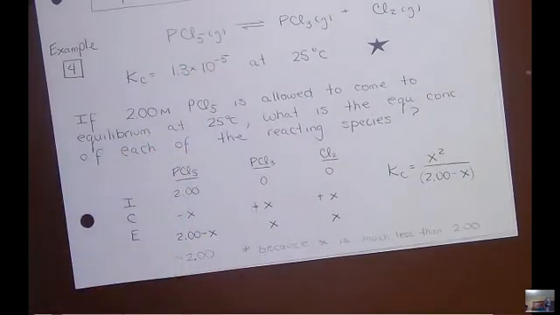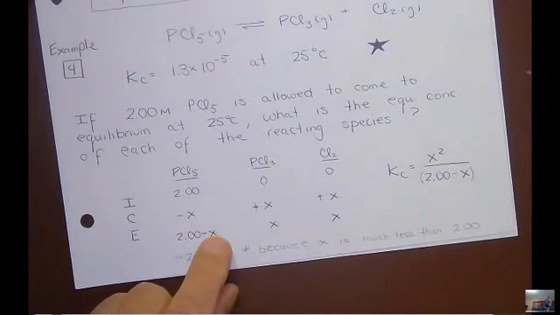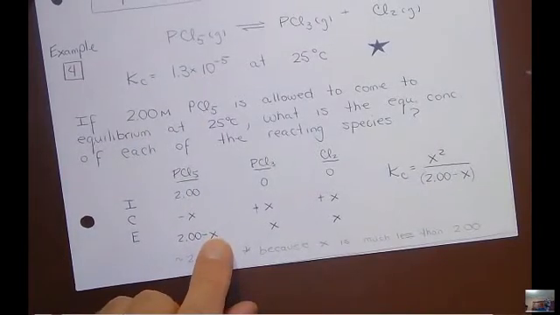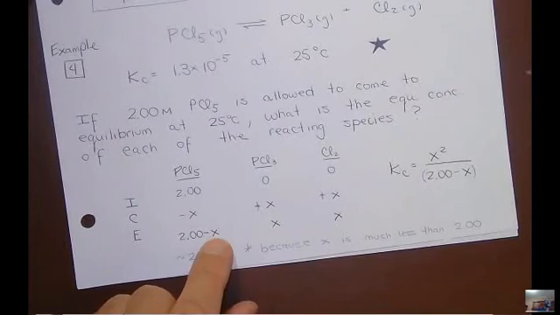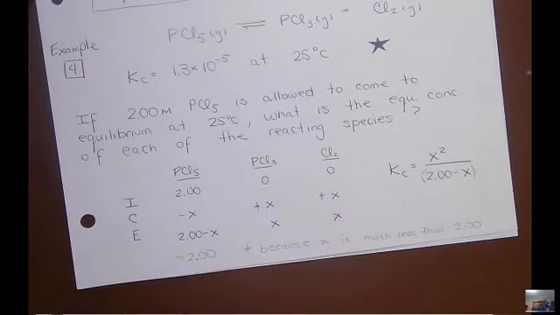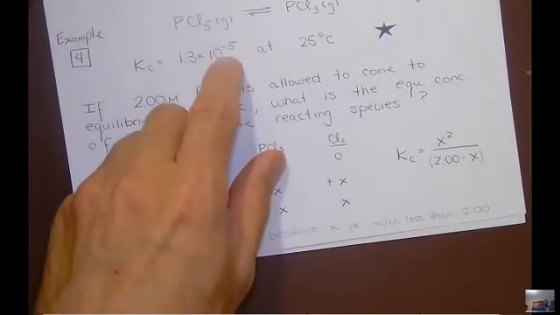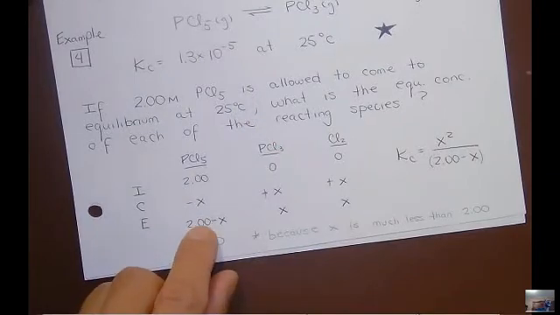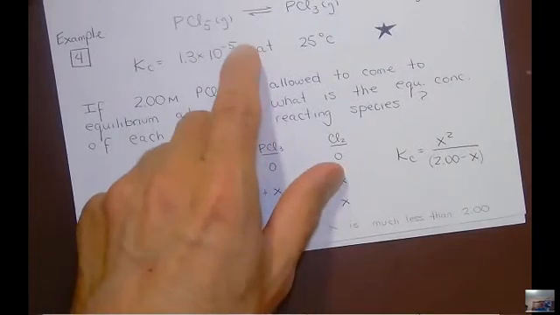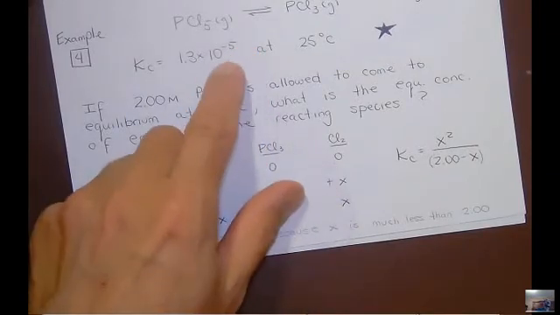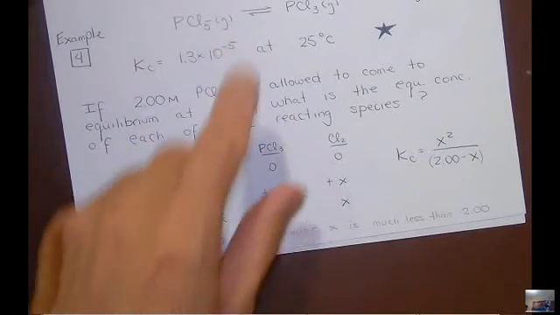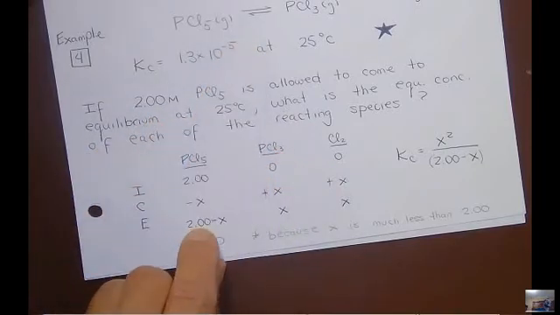So what you're looking for to know that it's okay to drop the x is a 100-fold difference, 10 to the 2 difference, between the number that you're subtracting x from and the equilibrium constant. Well, this guy is 2, that's first order. This is minus 5. So this guy is 5 orders of magnitude smaller, 10 to the 5th times smaller than 2.